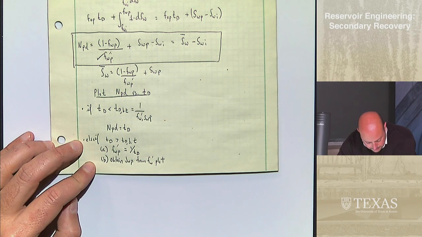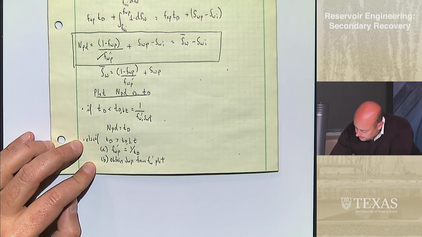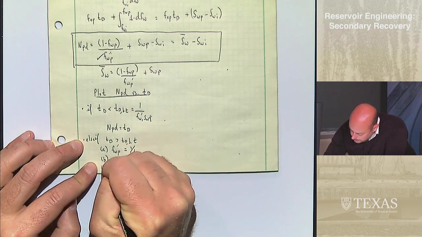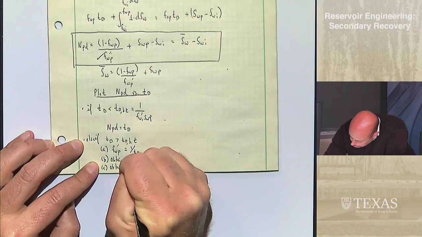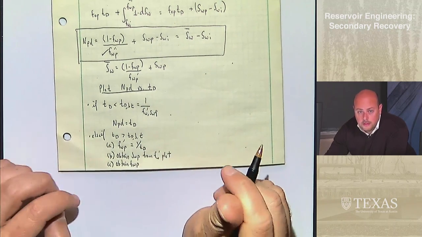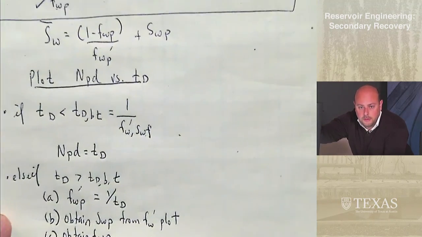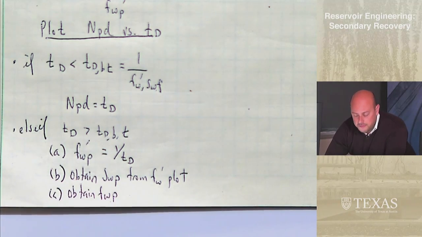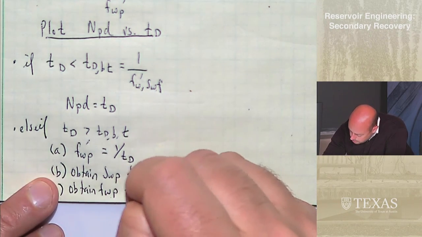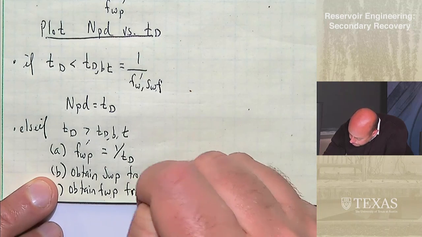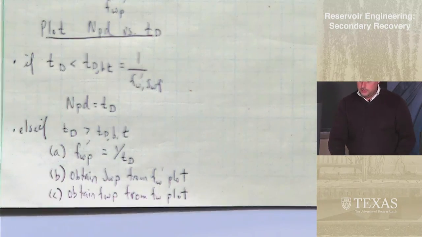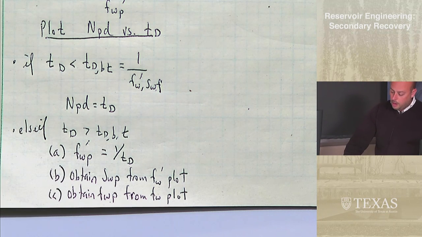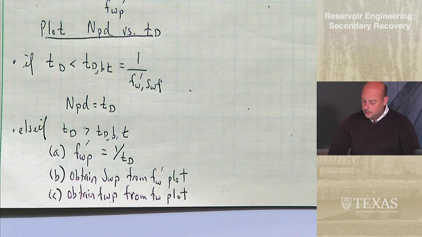Part C, now that I got SWP, I can obtain FWP. All right, this is probably not big enough for you. I'll blow it up. Obtain FWP from FW plot. Okay, so I calculated FW prime at the production well.